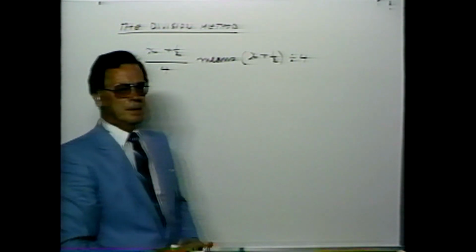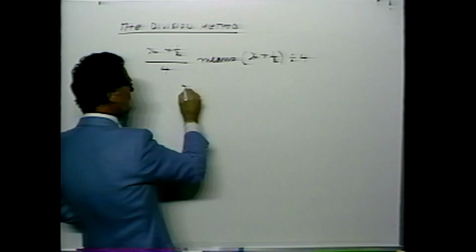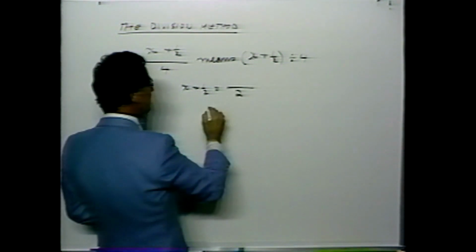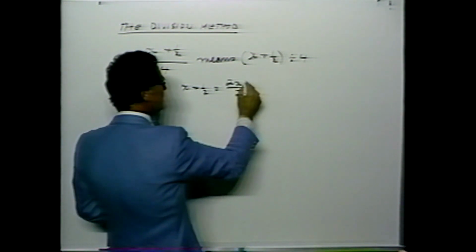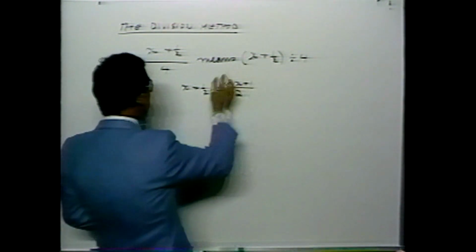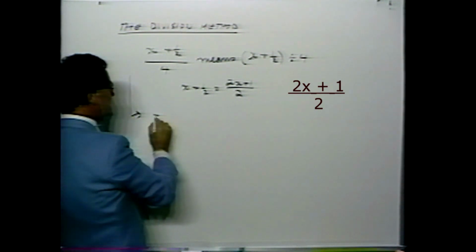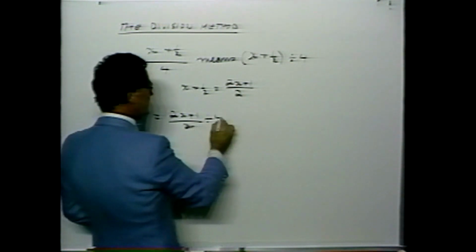So x plus 1/2 is equal to, with common denominator 2, the fraction (2x plus 1) over 2. The original problem then amounts to (2x plus 1) over 2 divided by 4.